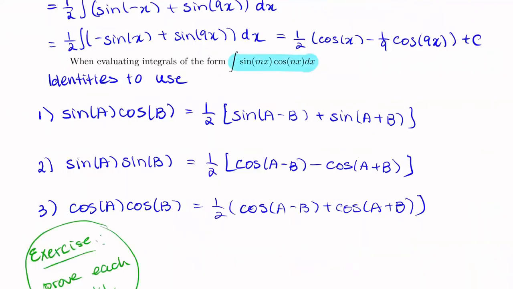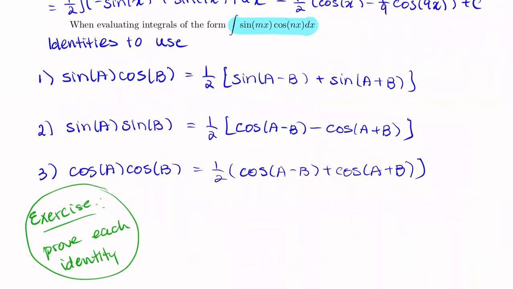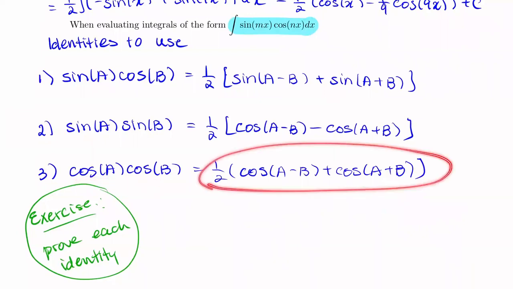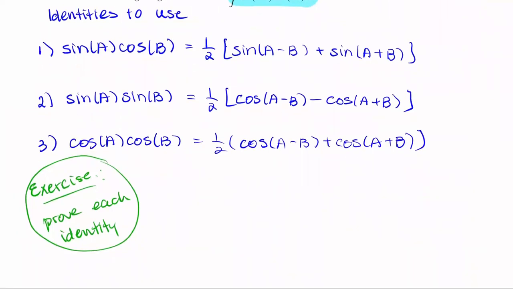For one, we had this identity for whenever we have sine A cos B. For the second one, we had sine A sine B, which gives this identity here. And the third one, cos A cos B, which gives this formula. As an exercise, I asked you to prove these identities, so hopefully you tried them.